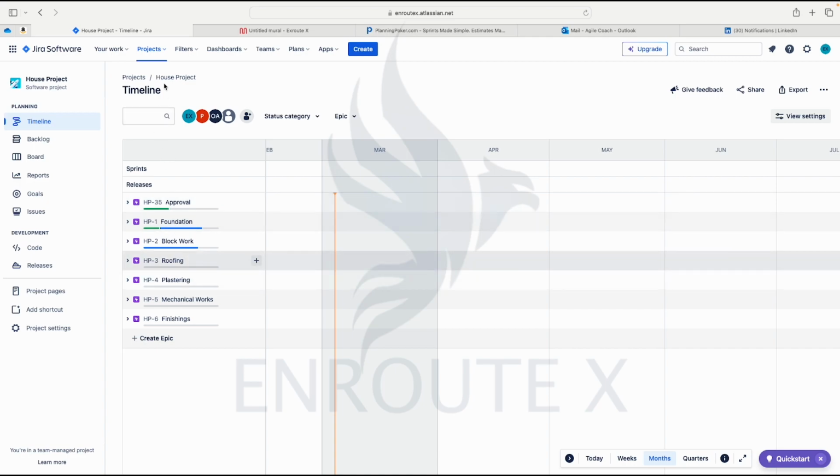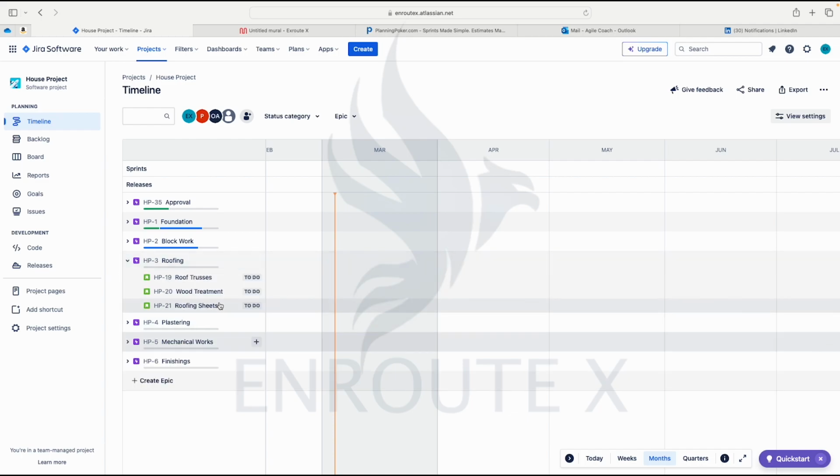So the vision itself, the house project, is now broken into bigger chunks or bigger components: approval, foundation, block wall, roofing. Of course, each of these has its own smaller pieces that will come together. Roofing, for instance.